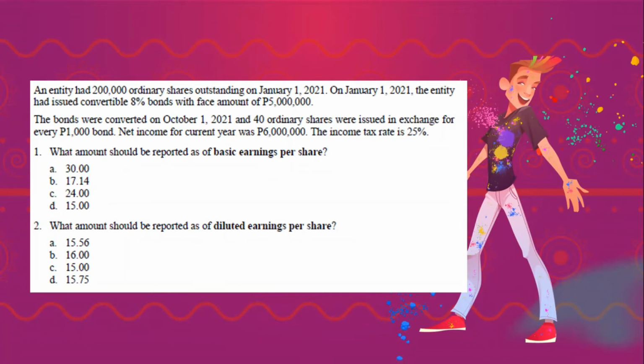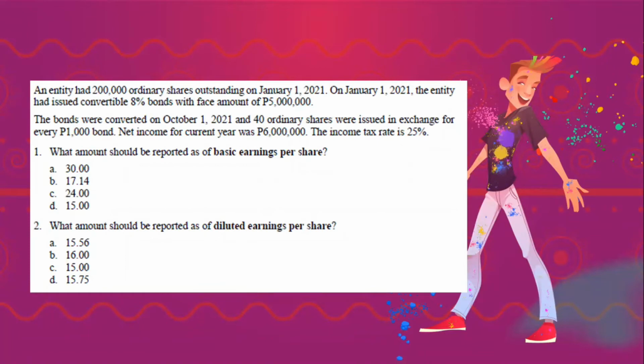On January 1, 2021, the entity had issued convertible 8% bonds with face amount of 5 million. The bonds were converted on October 1, 2021, and 40 ordinary shares were issued in exchange for every 1,000 pesos bond.